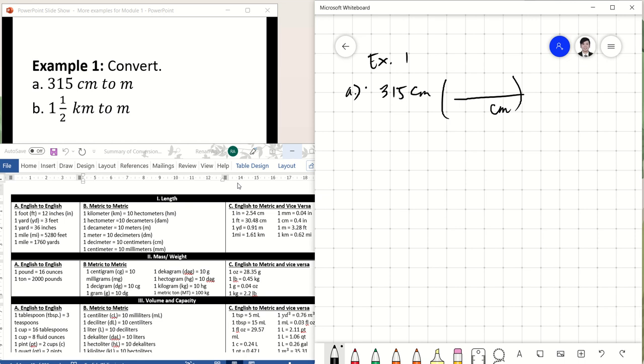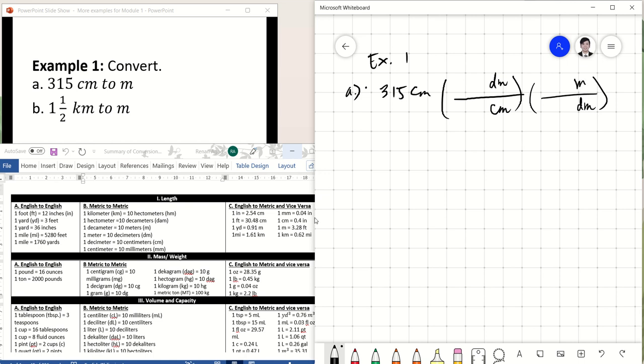So we're going to pass through cm to decimeter, from decimeter to meter. So cm to dm first, and then dm is not what we want at the very end, so we put the dm here in the denominator, and finally we have meter.